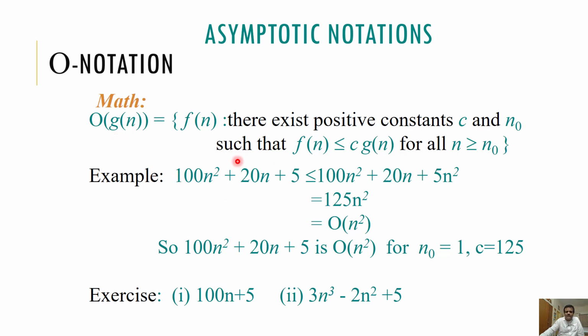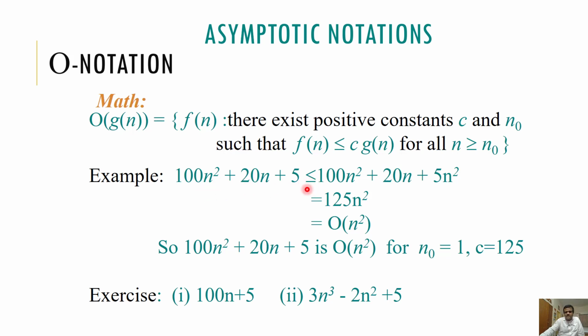For example, if this is our f(n), we want to see whether this is O(n square) or not. To show this is O(n square), we need to show this is less than some c n square. So, for that we are trying this.